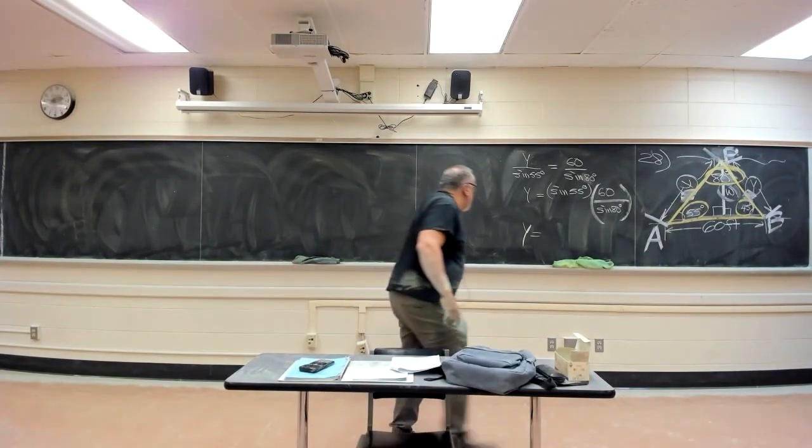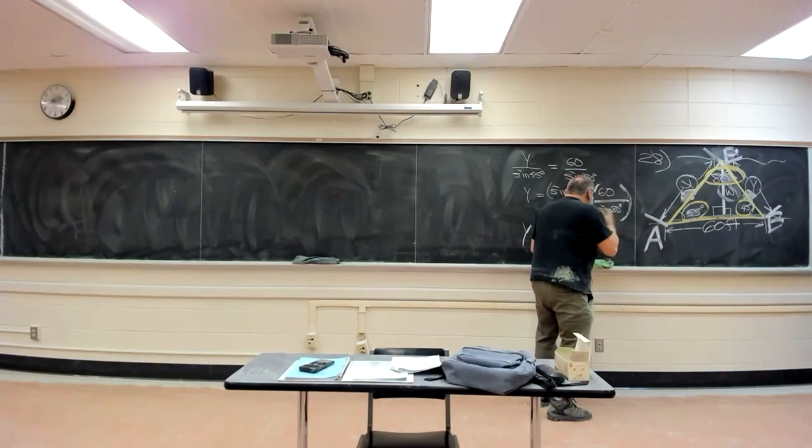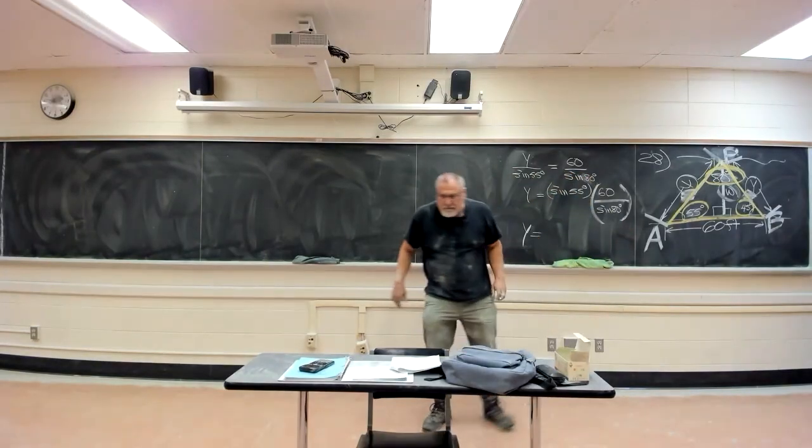Sine, again, let's say it again. Sine 55 degrees divided by the sine of 80 degrees. Get an answer, then multiply it by 60.